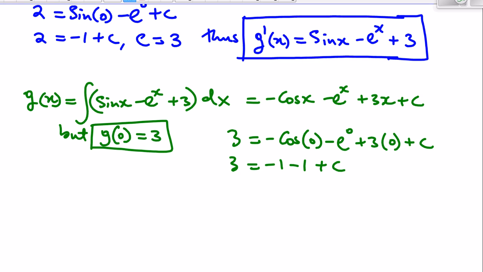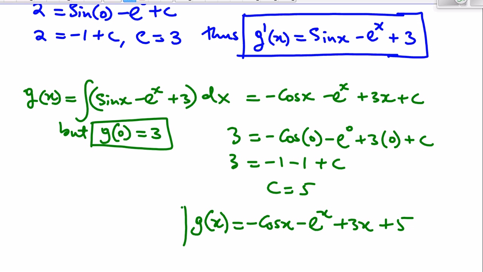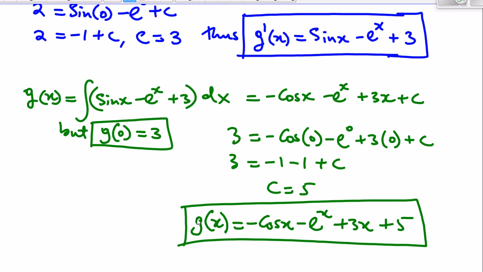So c will be equal to 5. Therefore, g of x will be equal to negative cos x minus e to the power x plus 3x plus 5. That will be the original function.